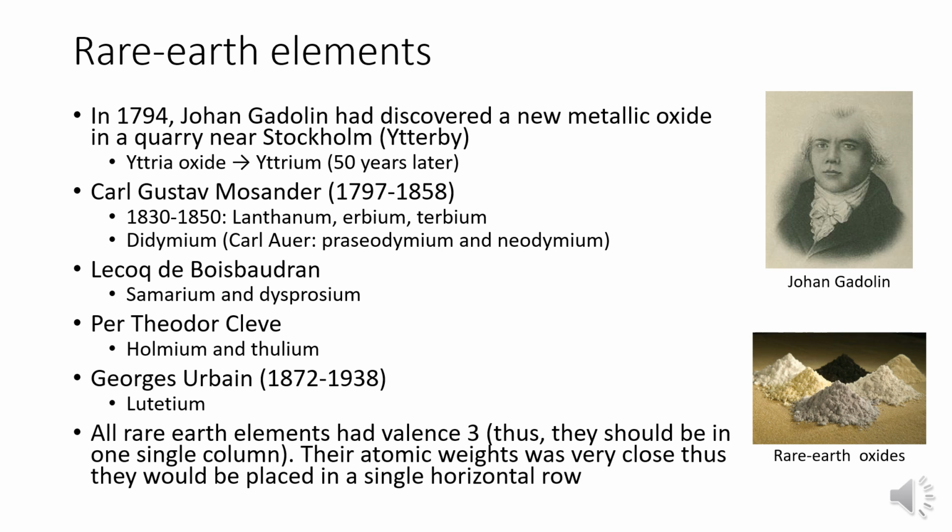Still, Mendeleev's periodic table had to withstand the inclusion of two new groups of elements. One of them is the rare earth elements, whose discovery we can say started in 1794, much earlier than the table proposed by Mendeleev, when Johan Gadolin discovered a new metallic oxide in a quarry near Stockholm called Ytterby.